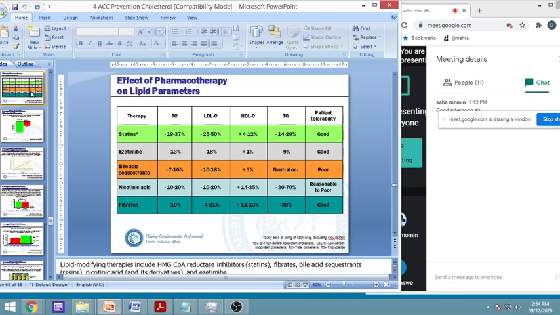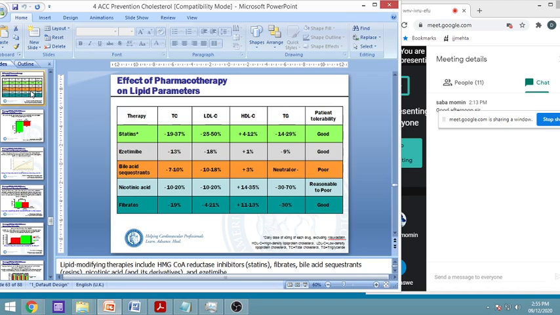Ezetimibe again can cause a 13% reduction in this. LDL-C reduction is around 18%, HDL can increase by 1%, triglyceride reduction by 9%, and patients tolerate it very well. Bile acid sequestrant patient tolerability is less.